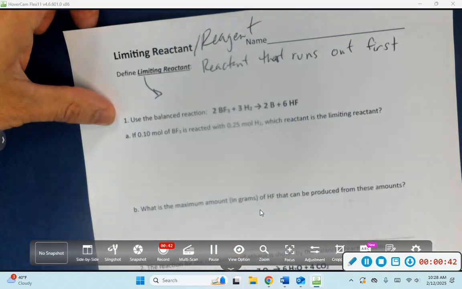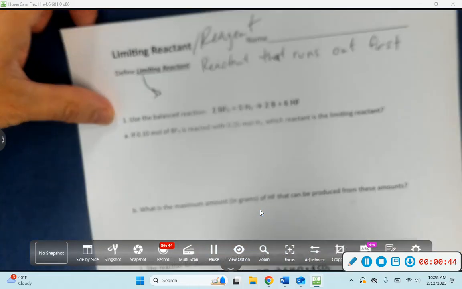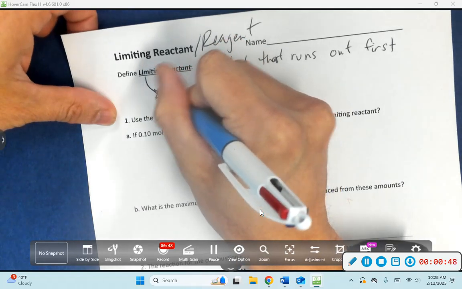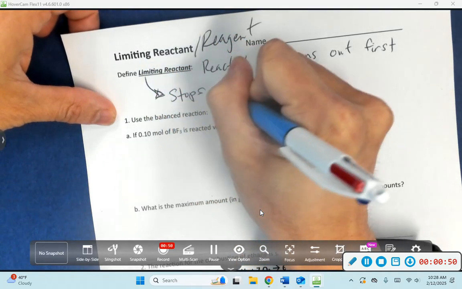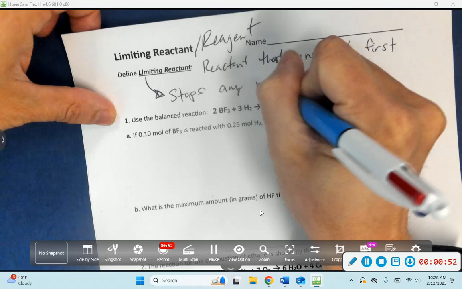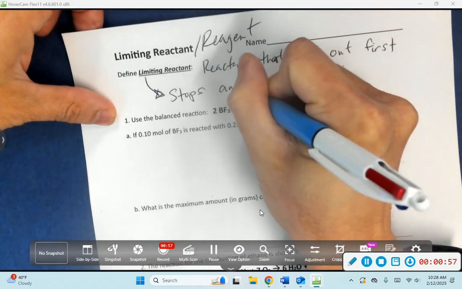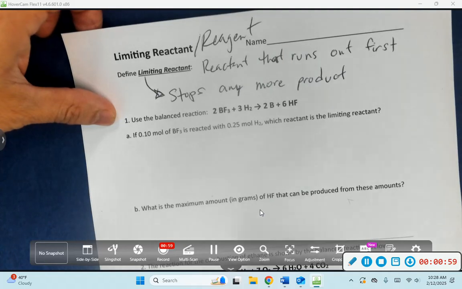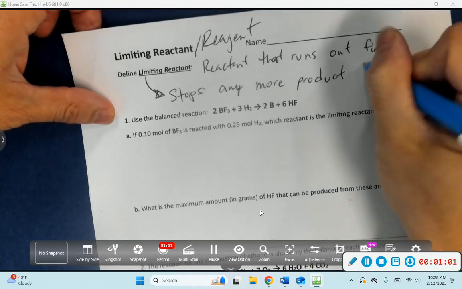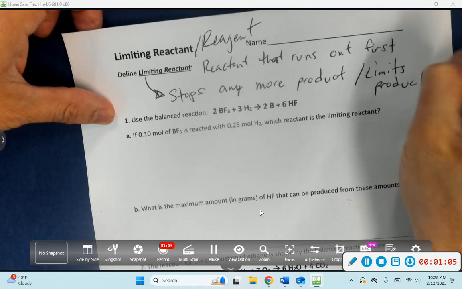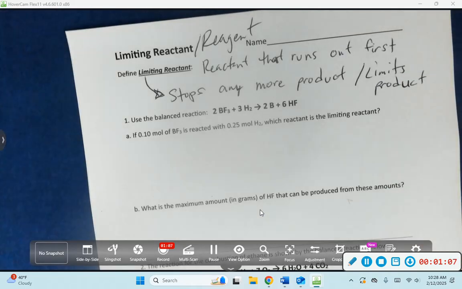If you run out of this reactant, then it stops any more product from being produced. So it stops the reaction. It limits the product. So that's why it's called a limiting reactant. It limits the reaction from going forward.